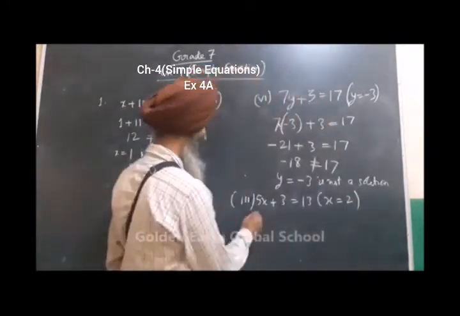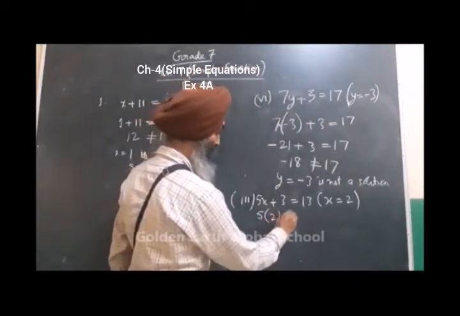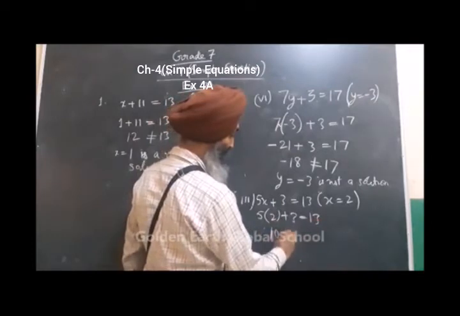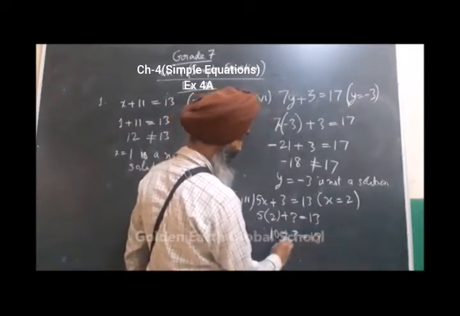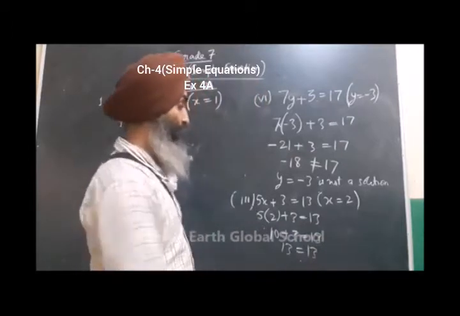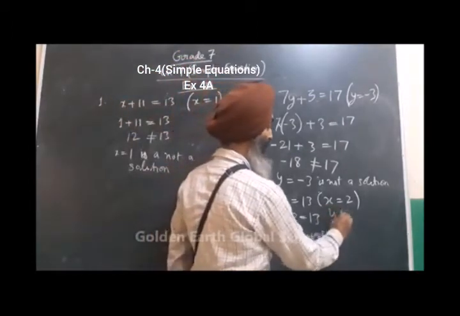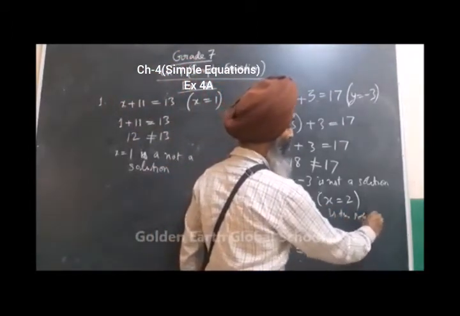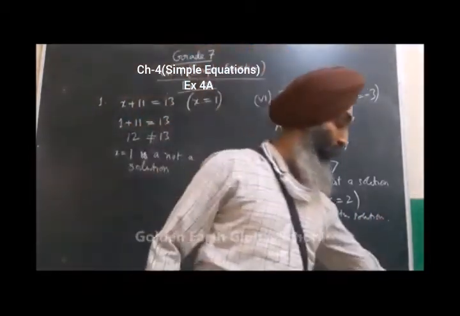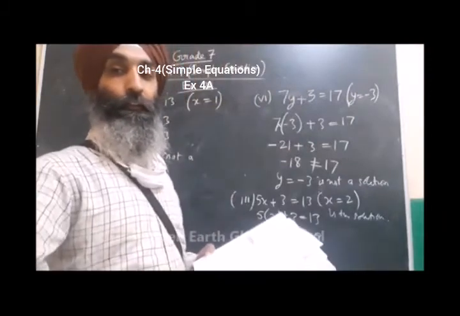Now check with it. 5 into 2 plus 3 is equal to 13. 5 into 2 is 10, 10 plus 3 is 13. So 13 is equal to 13. So you can say that yes, x is equal to 2 is the solution of this equation. In the same way you have to solve the other parts of this exercise.